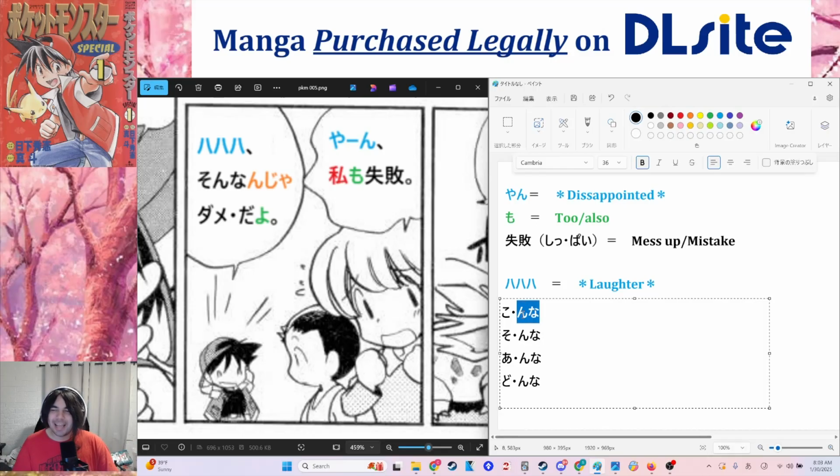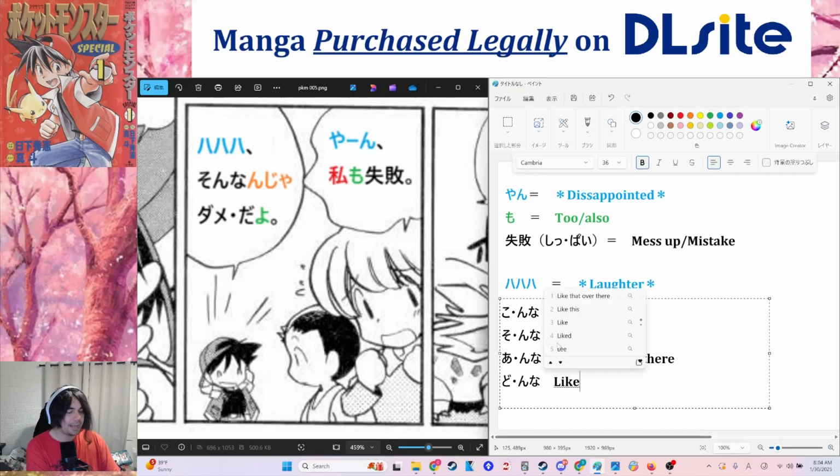The na ending here is going to be saying that or that kind. So for example, konna translates to something like this. This is ko, like is going to be our ending here. Sonna, like that. Anna, like that over there.